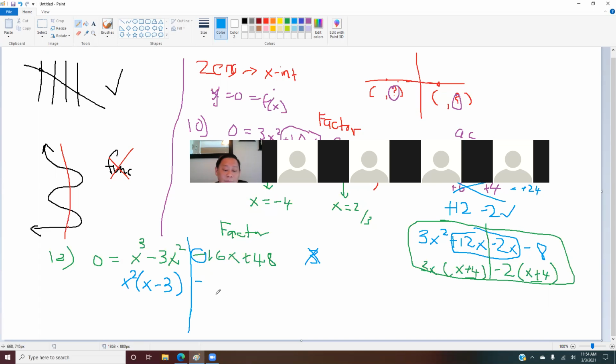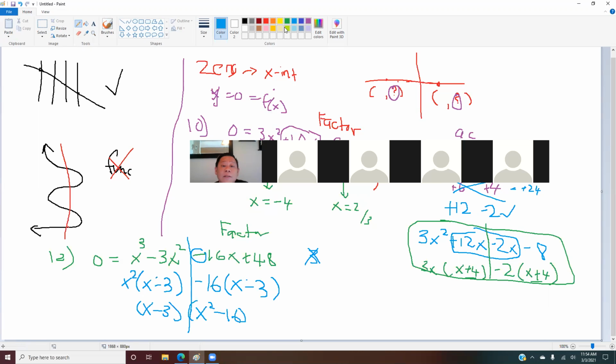You can factor out 16. Yes, 16. And what happens when you factor out negative 16? You get what? x minus 3. Yep, again, these two, as I mentioned, have to be the same. So what is the factor in this case? x minus 3 and x squared minus 16.